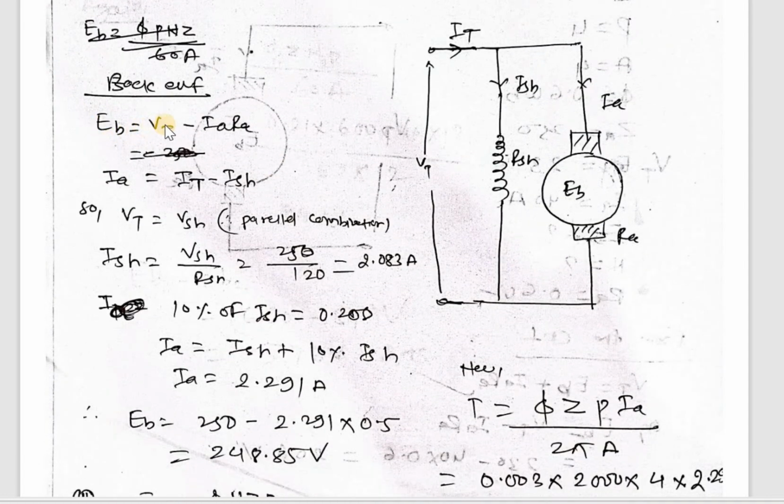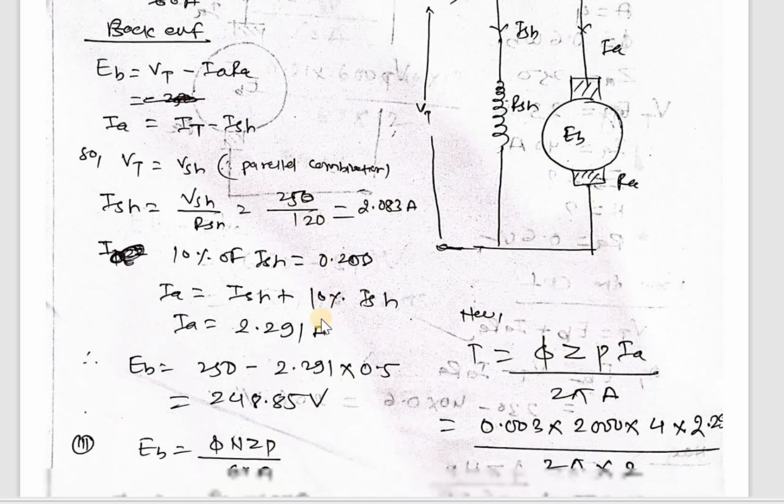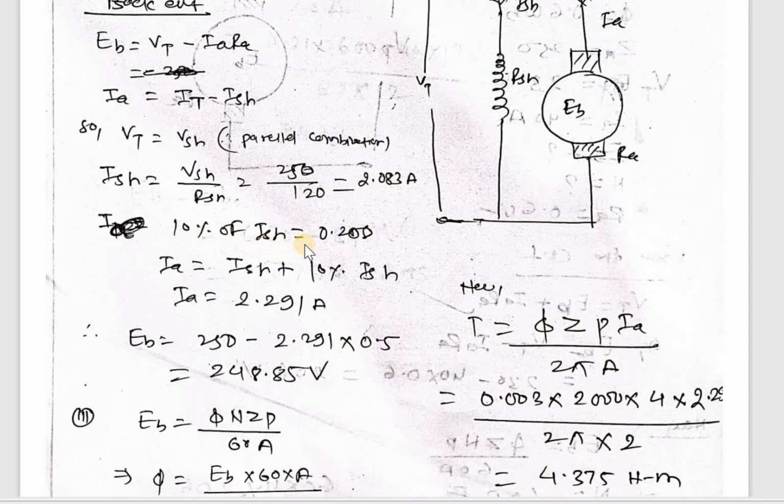Now we know back EMF equal to Vt minus IaRa, and Ia equal to It minus Ish, and Vt equal to Vsh because of the parallel combination. So Ish equal to Vsh upon Rsh. Then we have the value of Vsh 250 and Rsh 120, so Ish is 2.083 ampere, and 10% of Ish is equal to 0.208, and Ia equal to Ish plus 10% of Ish.